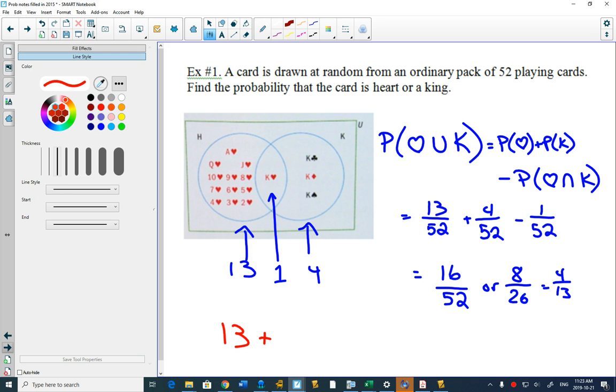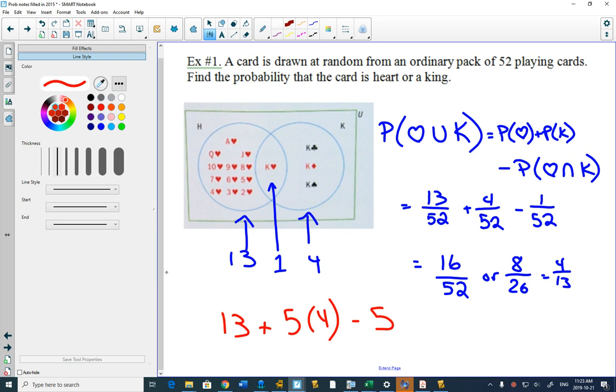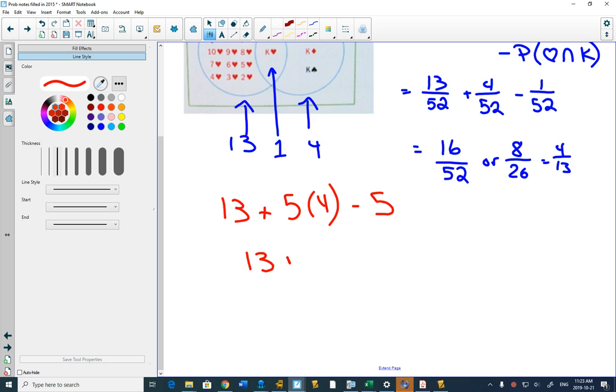There is 5 even numbers times 4 different suits, minus the 5 that I've already counted. Or maybe you would logically just think about 13 spades and then 5 even numbers from the remaining 3 suits. That would work as well, to count it.